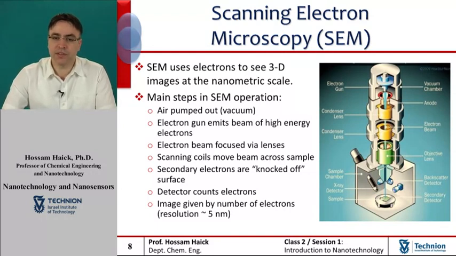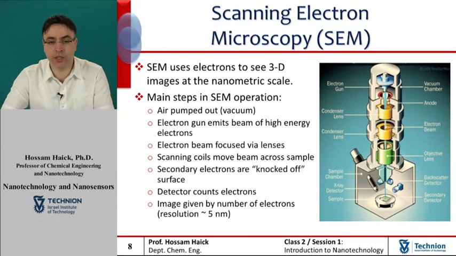The signals that derive from electron sample interactions reveal information about the sample, including external morphology, chemical composition, and the crystalline structure and orientation of the material making up the sample. In most applications, data are collected over a selected area of the surface of the sample, and a two-dimensional image is generated that displays spatial variations in these properties.